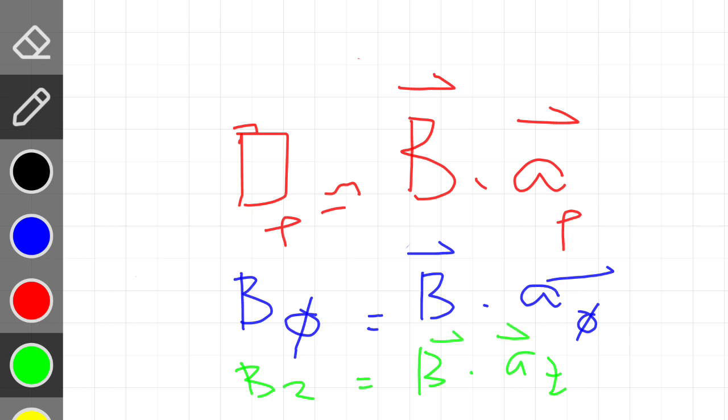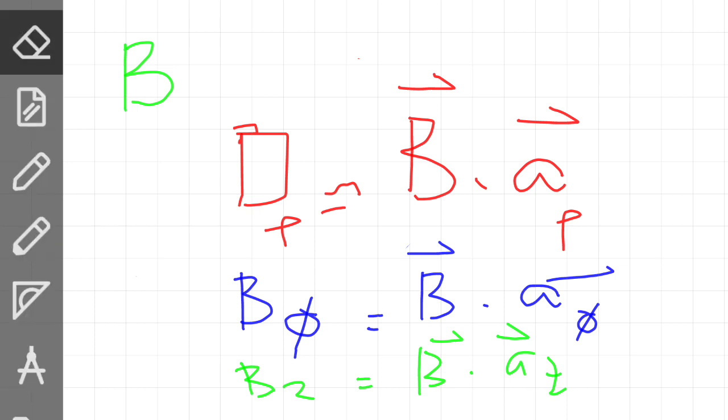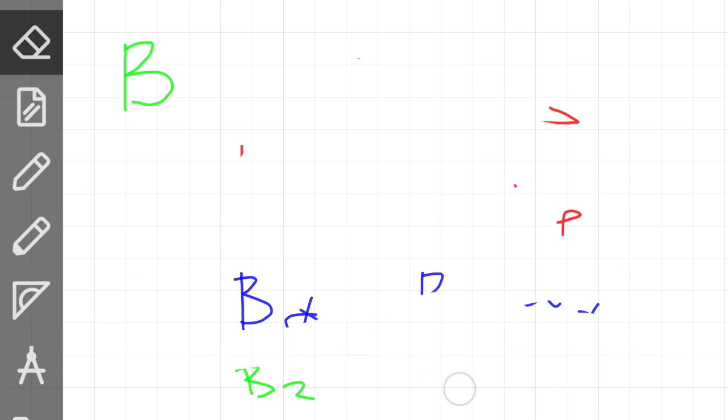So we have calculated the three components of vector B in the cylindrical coordinate system. And now we can represent this three-dimensional vector in the cylindrical coordinate system.